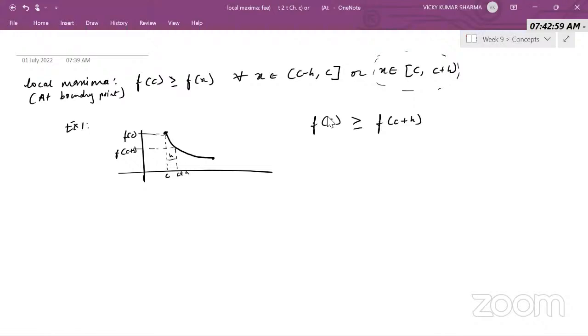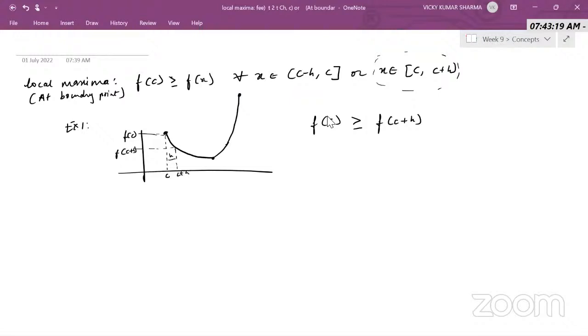Now you see that this graph, the way I drew it, I can say that okay, this is what is happening. But let's say this graph was something like this, okay. Can I still say that this definition holds true?